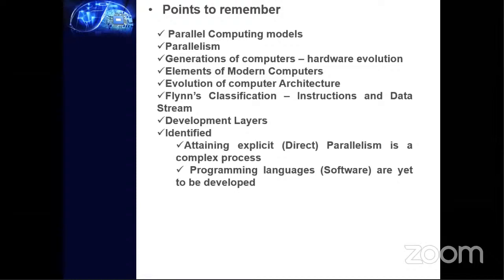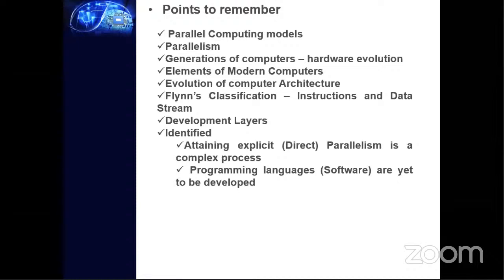Within the field of sequential computers, software is continually being developed. But in parallel computing, there is a lack of software and programming languages. Under the parallel computing environment, programming languages are to be developed. Still, it's a major need in parallel computing.